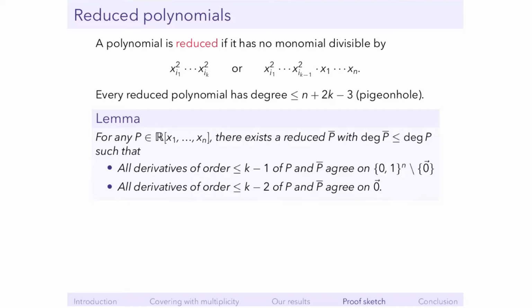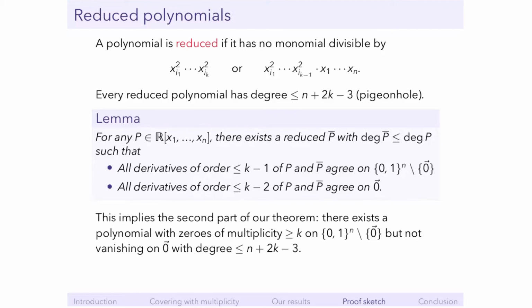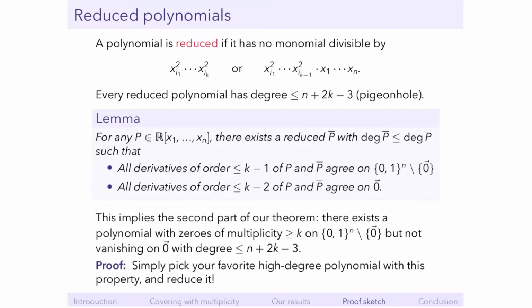And one nice consequence of this is the second part of our theorem, which was a matching upper bound. This allows you to construct a polynomial that vanishes to multiplicity at least k outside the origin, doesn't vanish at the origin, and has degree at most n plus 2k minus 3. The way you can construct this is you pick your favorite polynomial of insanely high degree that has these properties.